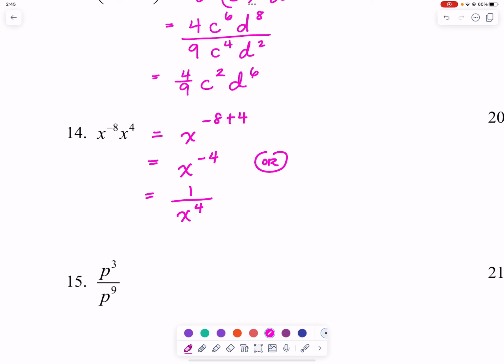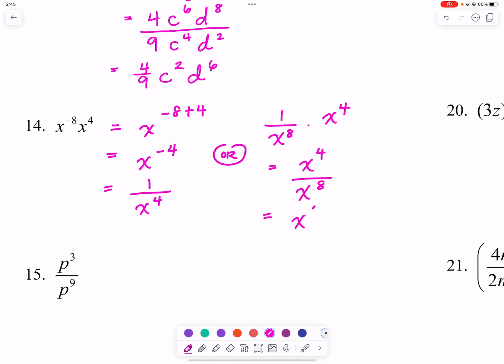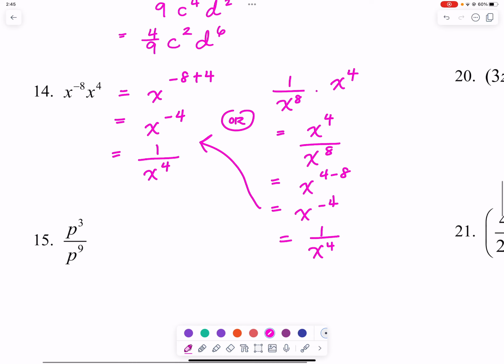Or, there's lots of ways, we could have had 1 over x to the 8th times x to the 4th, and you would have had x to the 4th over x to the 8th. And that's x to the 4 minus 8, x to the negative 4, and we're back to where we were. Lots of ways to work these.